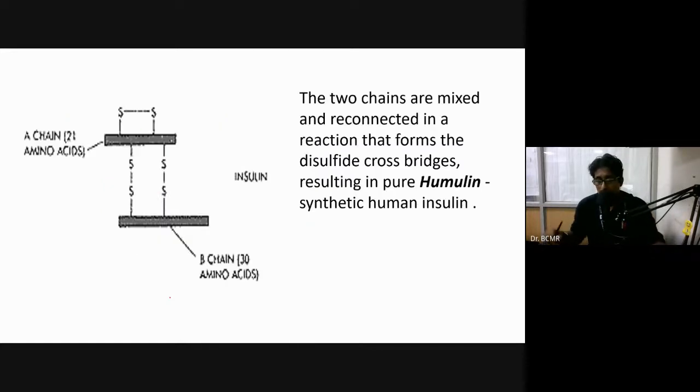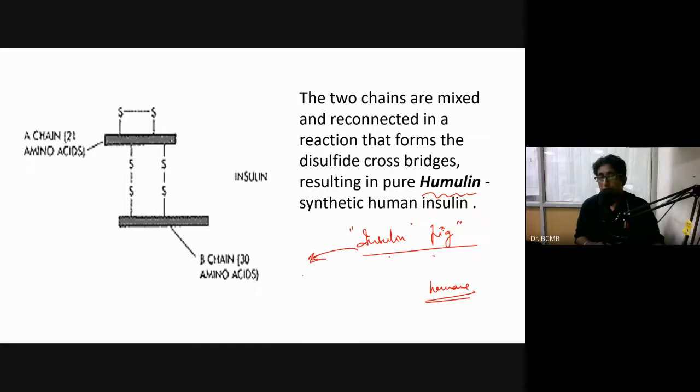Now, instead of using pig insulin for treating diabetes 1, we are now able to make human insulin, because there are differences between the insulin of pigs and that of humans. Although pig insulin might be effective enough in humans, the problem is that it could activate the immune system and be degraded continuously every time we inject it.